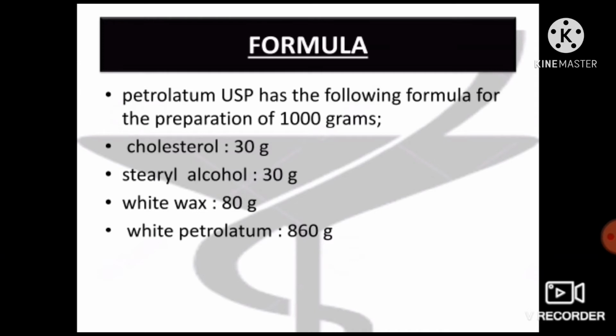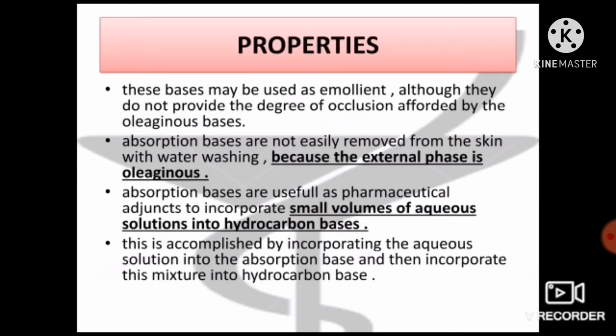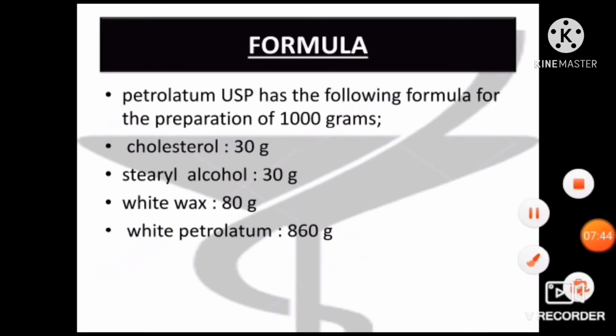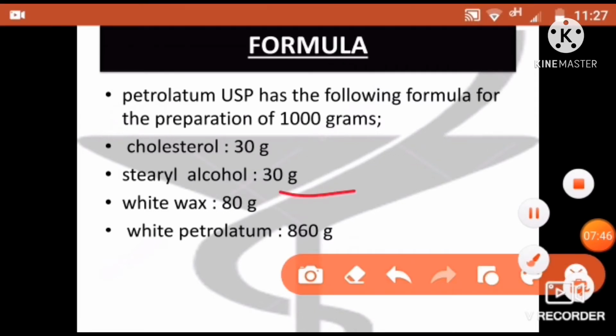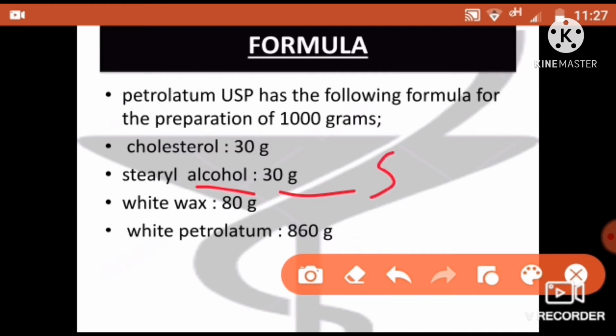As the name indicates, absorption means it also has a water content, a liquid form. The liquid may not always be water. It may be alcohol, as shown in this formula, maybe sterile alcohol. What is alcohol? Alcohol is also a liquid, a spirit form.